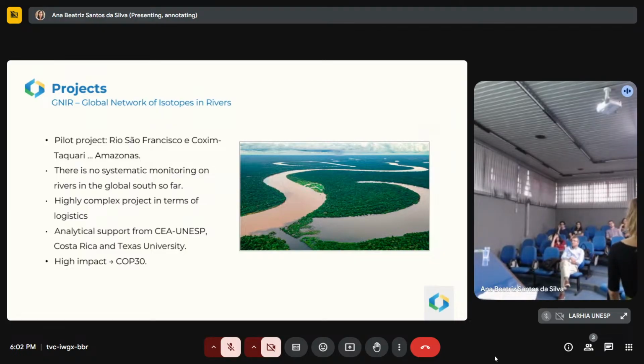But yeah, it's challenging. We have analytical support from the CEA and Texas University, and we are looking forward to presenting some data at COP30 this year.